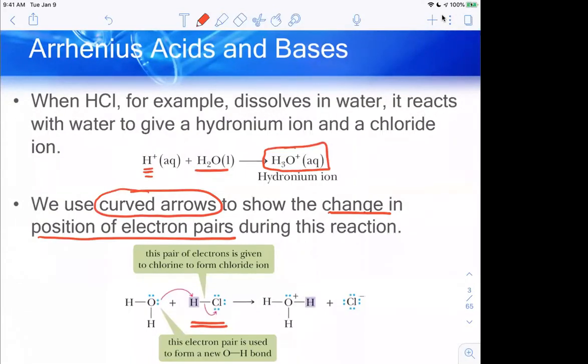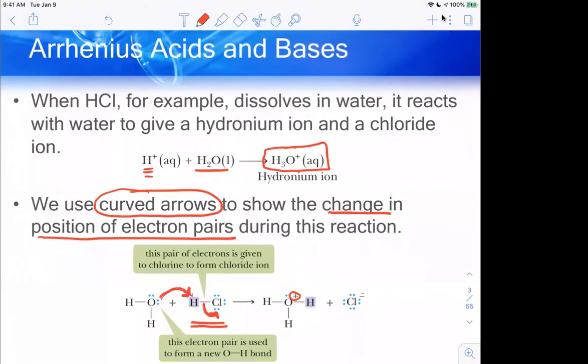And this arrow shows me the movement of electrons. So I end up with this H3O, which when I calculate the formal charge, I have 1, 2, half the bonding, 3, 4, 5. It's supposed to be 6, so it has a positive charge on it.